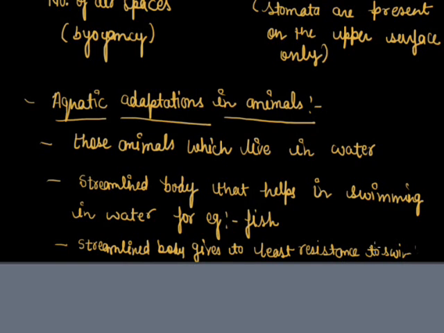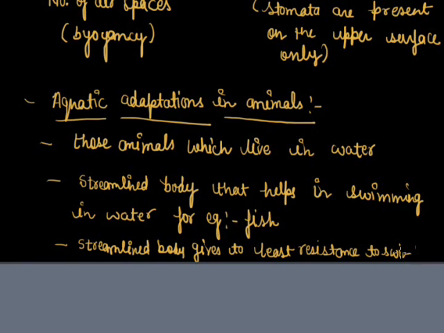Locomotion is either by webbed feet, for example, ducks, frogs, or by fins, for example, fish. The fins at the sides help in acquiring speed and in changing direction.